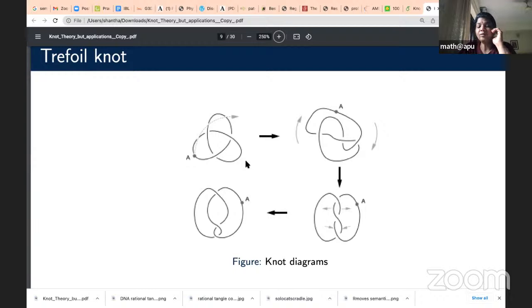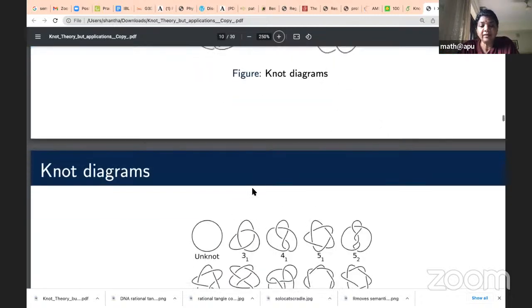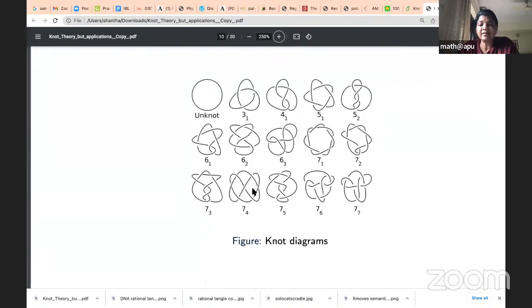My point is that the same knot can have different pictures, so for a given knot we can have a large number of knot diagrams associated with it. This is the earlier colored version that I showed, and here I am showing the knot diagrams with the overcrossing and undercrossing for each of these knots.